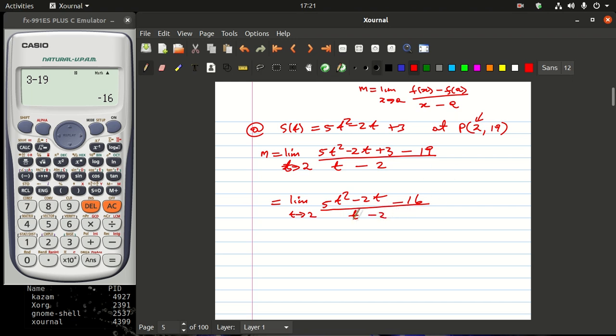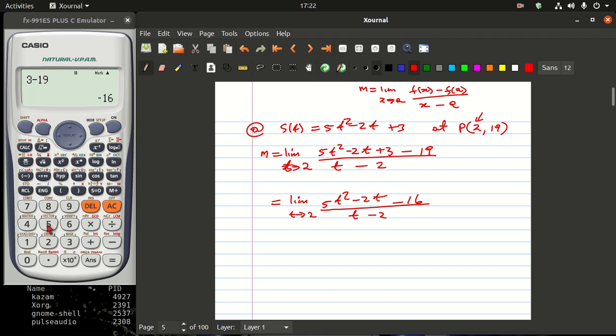Now, if I am actually plugging in this 2 here, this whole thing is going to be undefined. Right, if I'm plugging in a 2 here, this whole thing is going to be undefined. As a matter of fact, if I were to plug in a 2 here, what will I end up with?